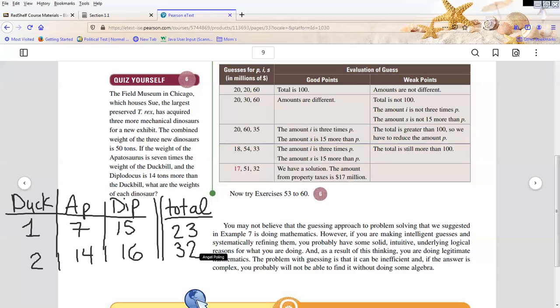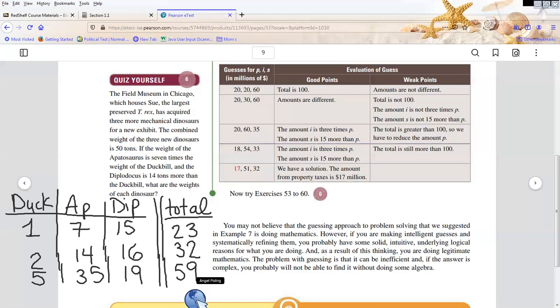We could skip ahead, possibly. Let's see, 5 times 7 is 35, so let's try that. And then we'll do 5 plus 14 for 19. That gets us to 59. That's a little too high.